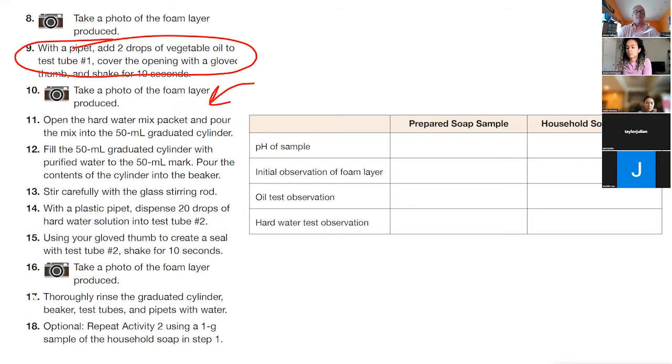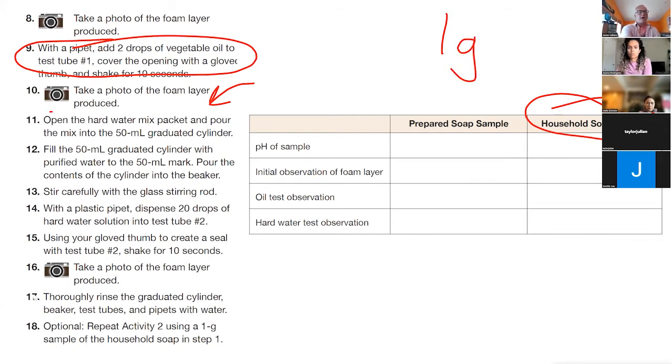Then we're going to make the hard water. This afternoon, we're just going to be doing this with a household soap sample. So you're going to find either some liquid soap or some hard soap, something that will look soapy. And we're going to be using 1 gram of that rather than 0.5 gram.